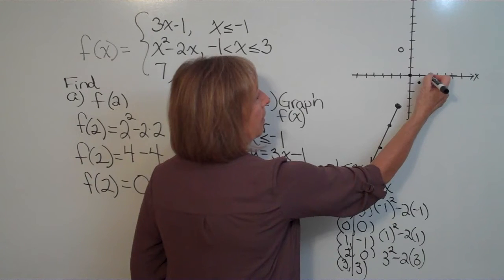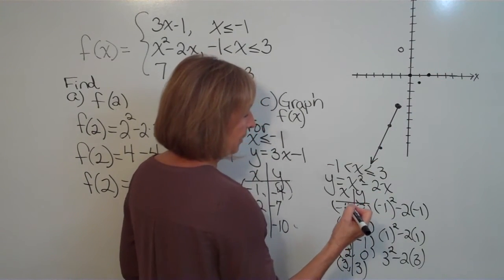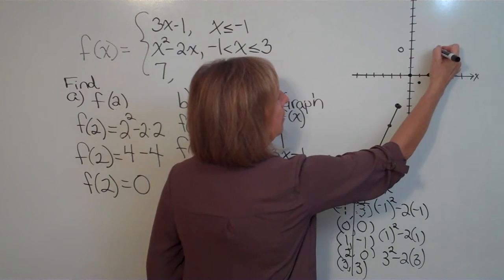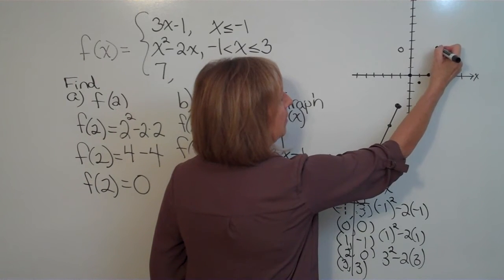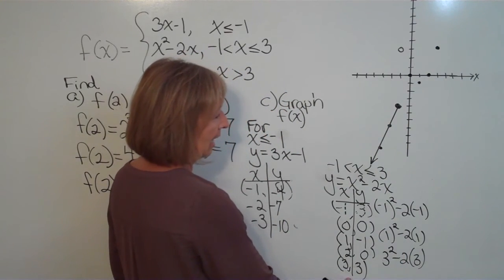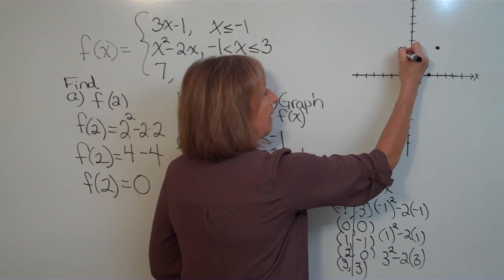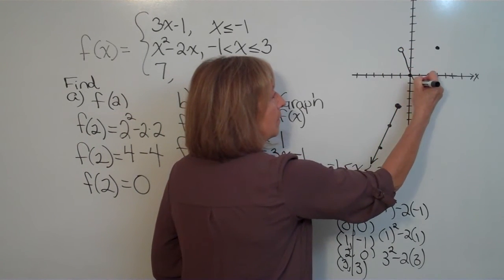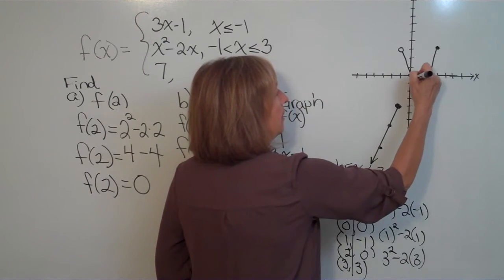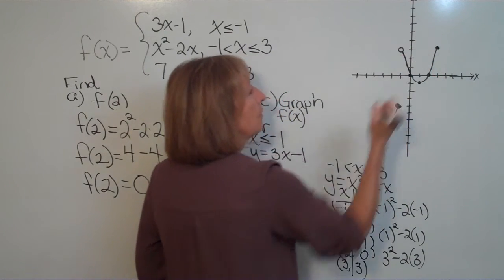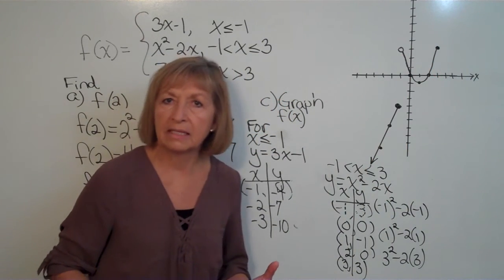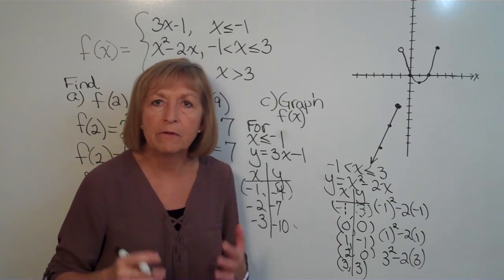We have 2, 0. And we have 3, 3. But 3, 3 is a filled-in dot because it had the or equal. And I've got my parabola there.